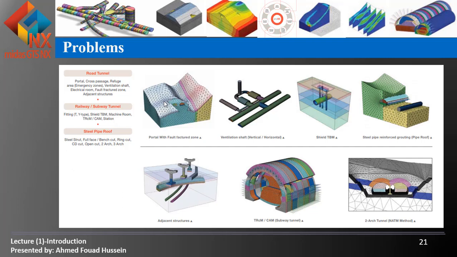So in our analysis, we're going to study different kinds of tunnels, and we're going to model very complicated ones, so we can understand how we can get the most benefit from our software. We can as well include, as I said, route tunnel, railway, and steel pipe roof.